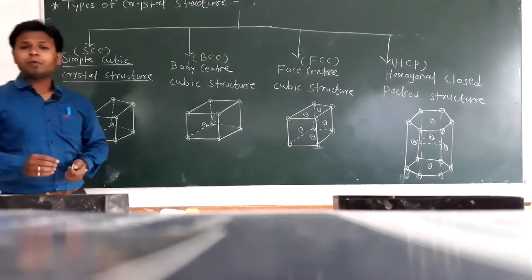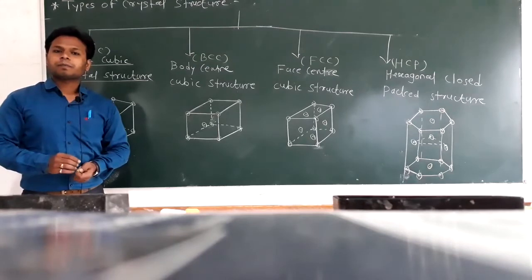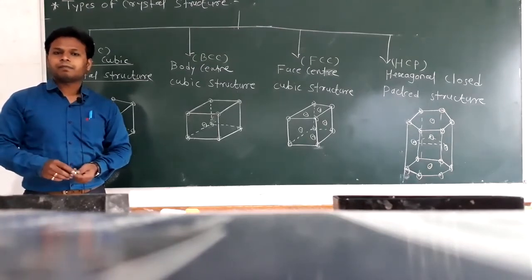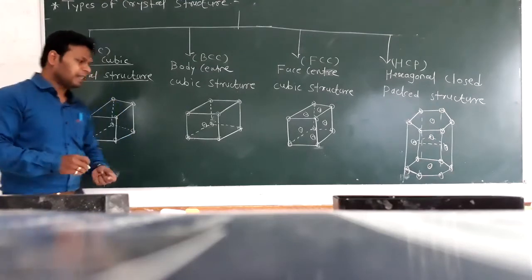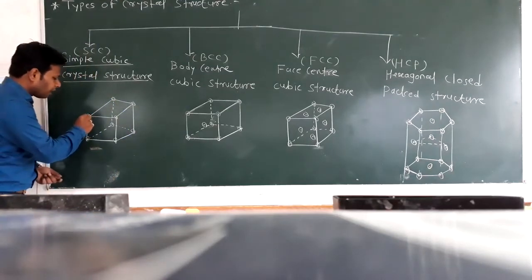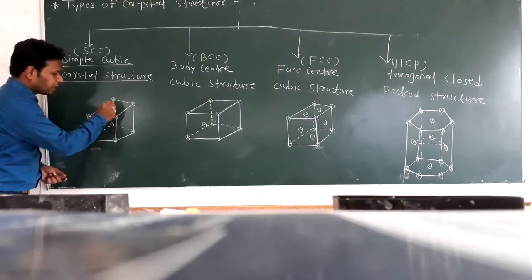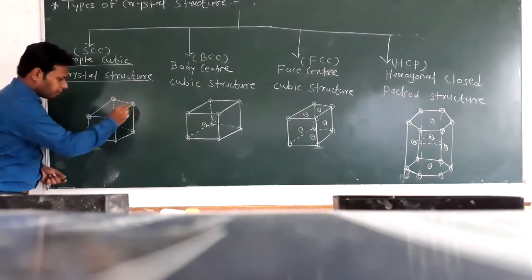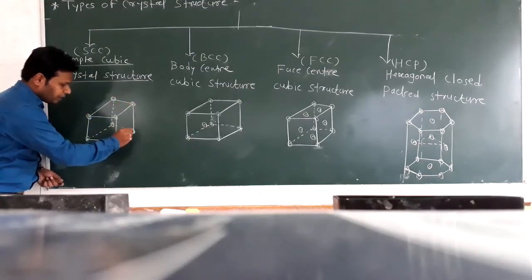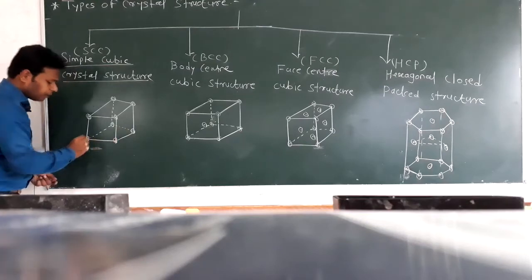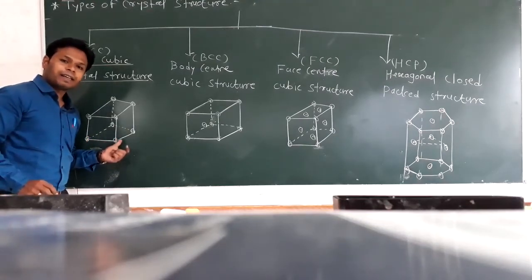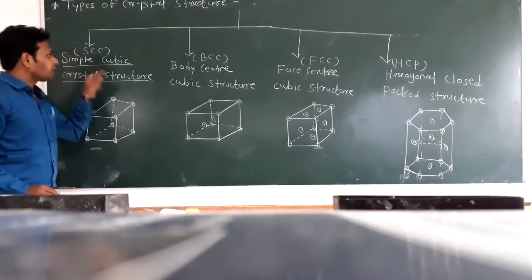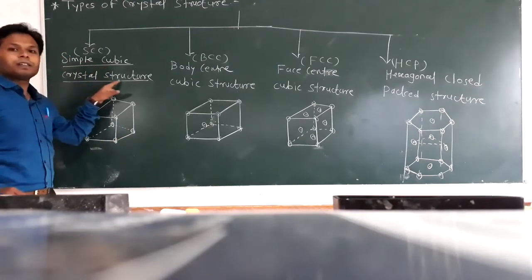and in a simple cubic crystal the number of atoms is 8, which are present at the corners of the crystal structure. See, there are 8 atoms placed at the corners of the crystal structure, and that is known as simple cubic crystal structure.